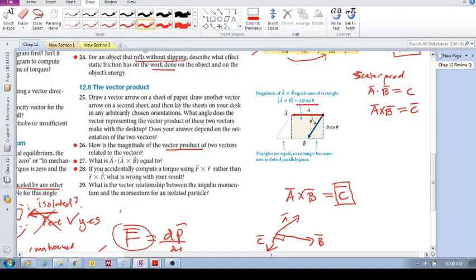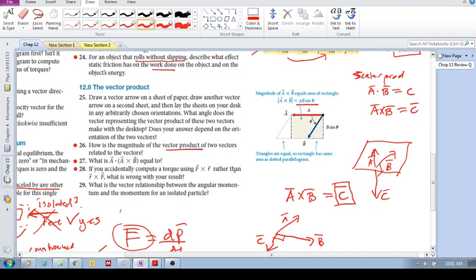I hope that makes sense. Please make sure that you understand. This A cross B is in a plane. So there's A, for example, and there's B. Go A cross B, and then C is a vector that's perpendicular to that plane.